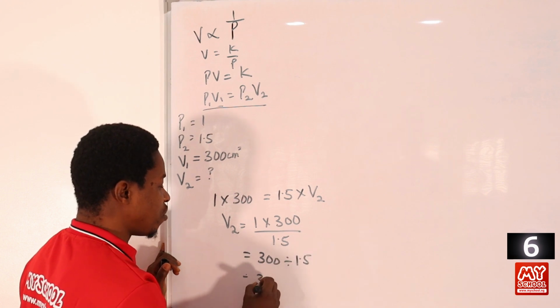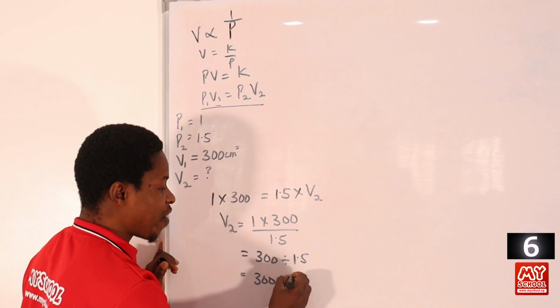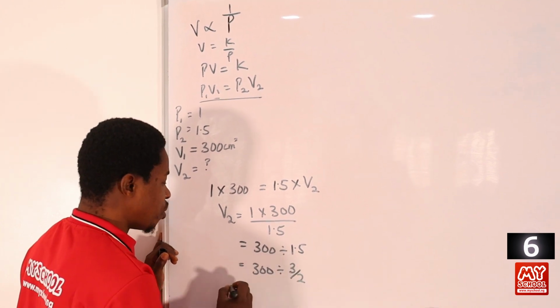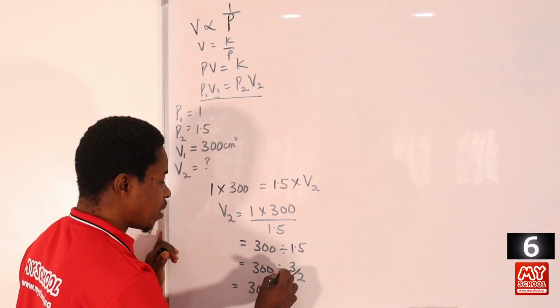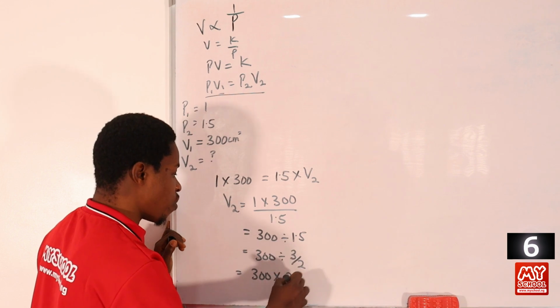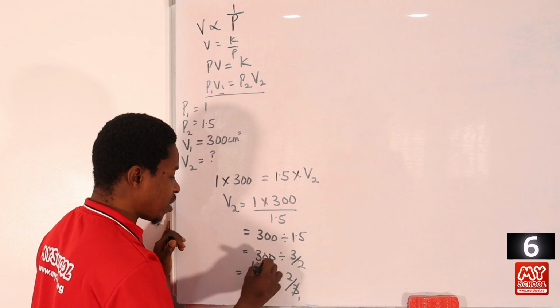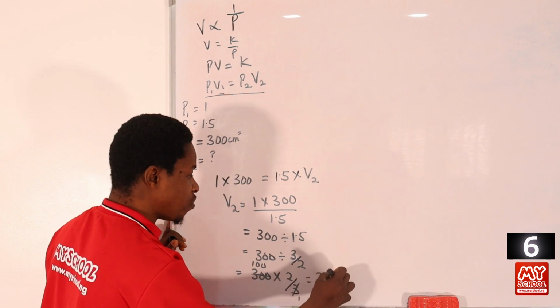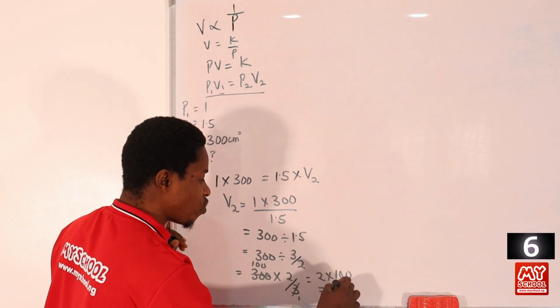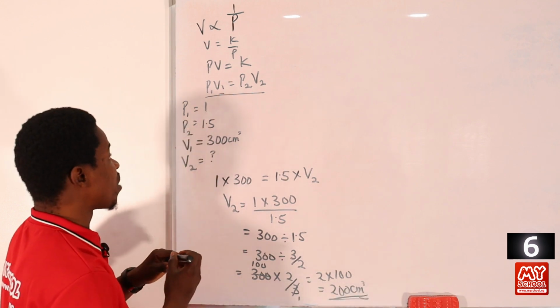Dividing by 1.5 is the same thing as dividing by 3 over 2, so that will be 300 multiplied by 2 over 3. 3 in 300, that is 100. So we have 2 times 100, which is equal to 200 cm cube. So this is the volume. You can look at the relationship.